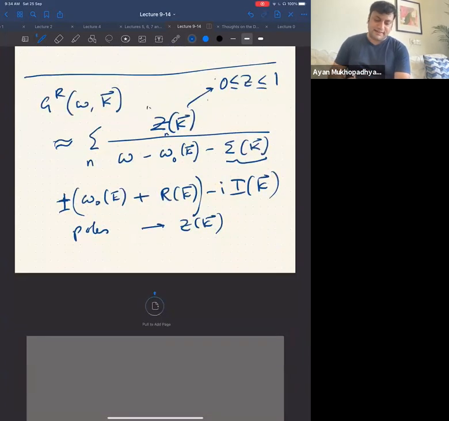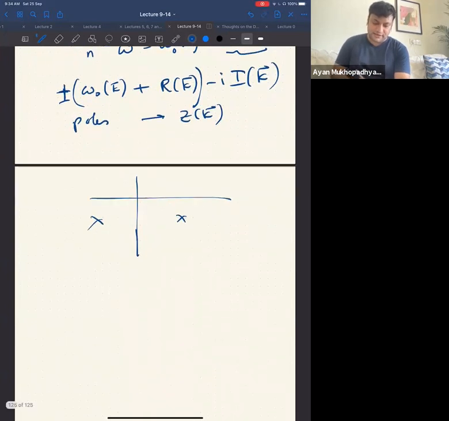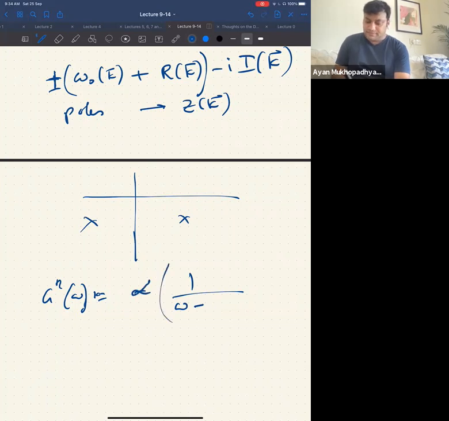So this is what we said, that it corresponds to quasi-particles. In a non-interacting theory, we saw that G^R takes a very nice form: it was proportional to 1 over omega minus omega naught K plus i epsilon, and omega plus omega naught K plus i epsilon.